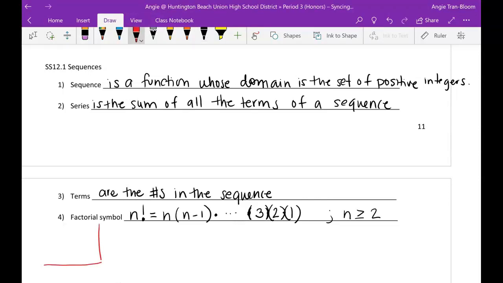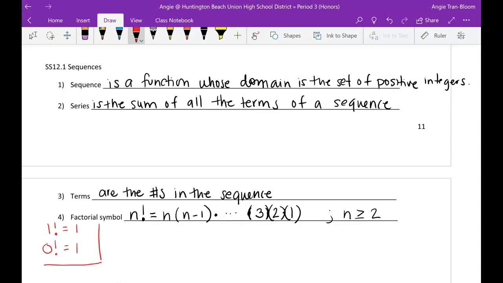If n is not 2 or greater, like n is 1, so if it's 1 factorial, it's really 1. Also, if it's 0 factorial, guess what? It's not 0, it's also 1. Factorial is really going back to probability. 0 factorial means how many ways can you arrange 0 items?